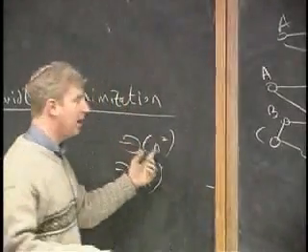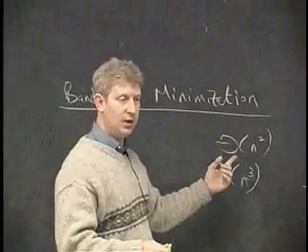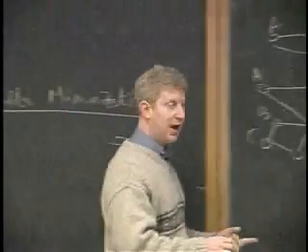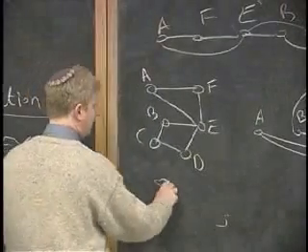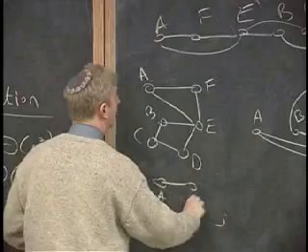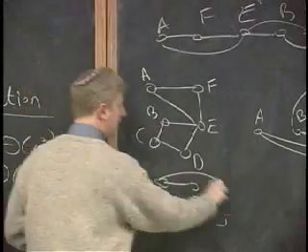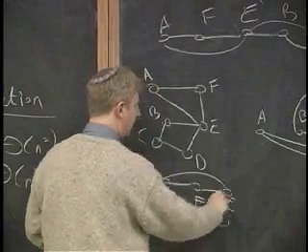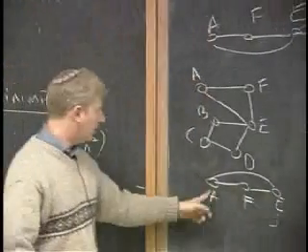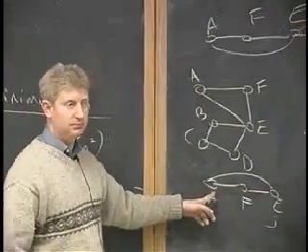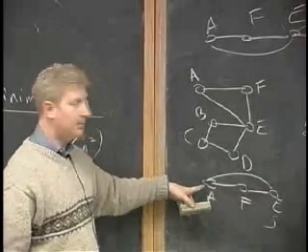But if we only care about bandwidth 2, then here's what we end up doing. We start laying things out. Say we start with A, and then we go to F. And now we go to E. Now at this point, we can erase A. How come?